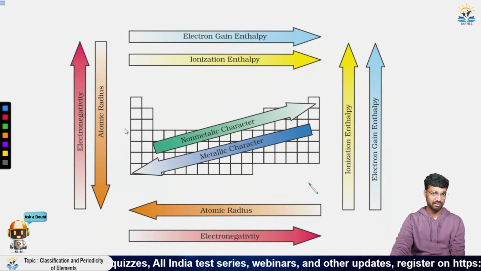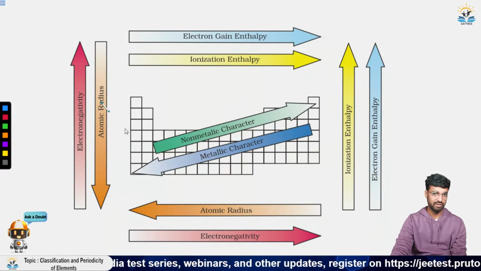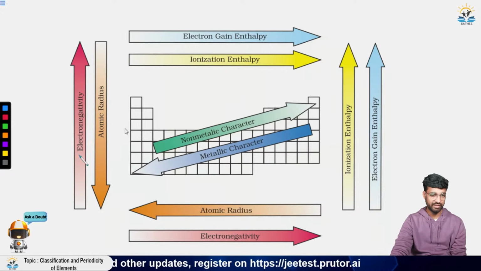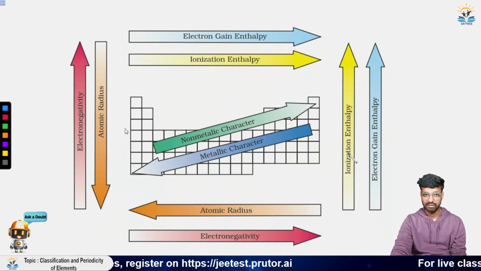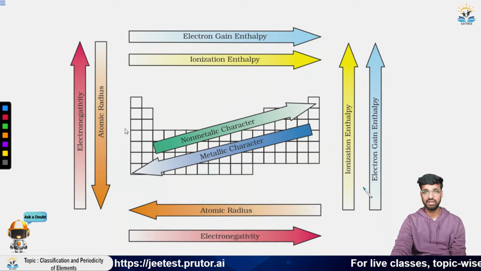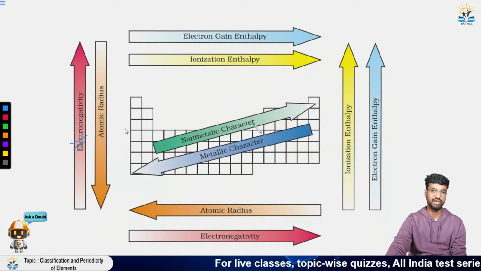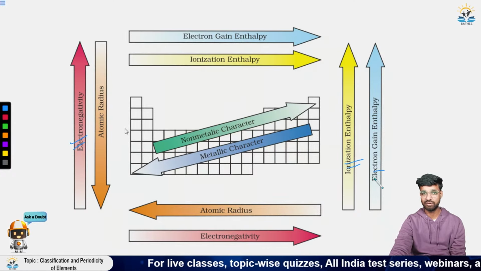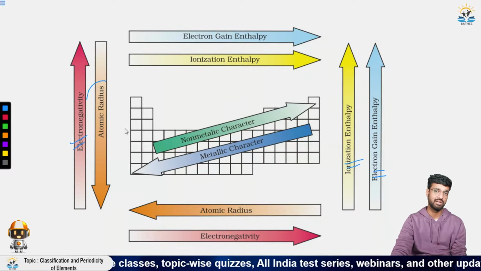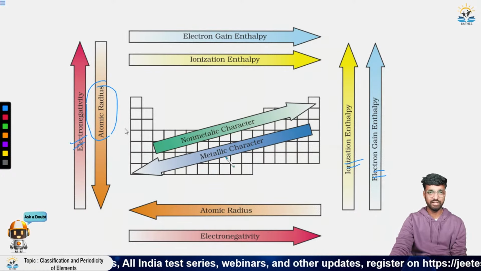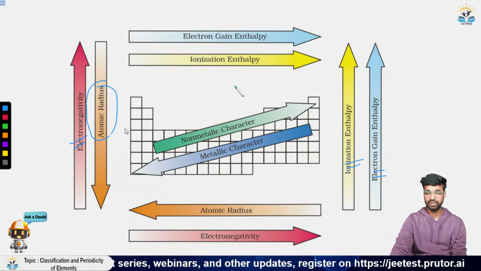Now if you see here the relation between atomic radius and all, as the atomic radius increases, electronegativity decreases. Okay, and ionization enthalpy decreases, electron gain enthalpy also decreases, and all these properties, ionization enthalpy, electron gain enthalpy, are inversely proportional to the atomic radius. Similarly, atomic radius is the same, it goes for the period also.